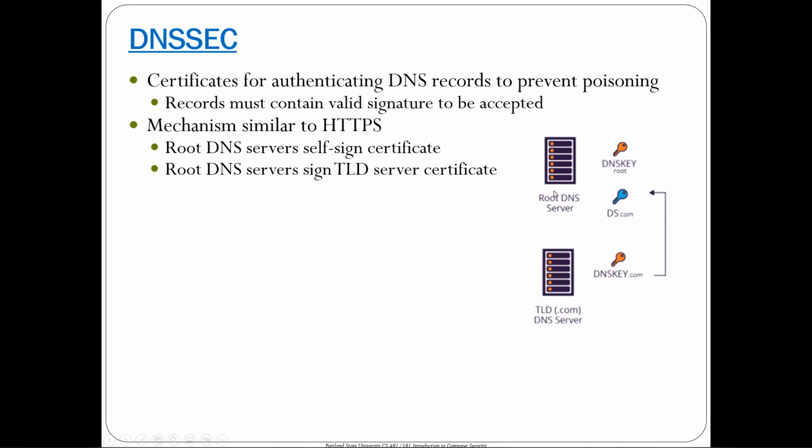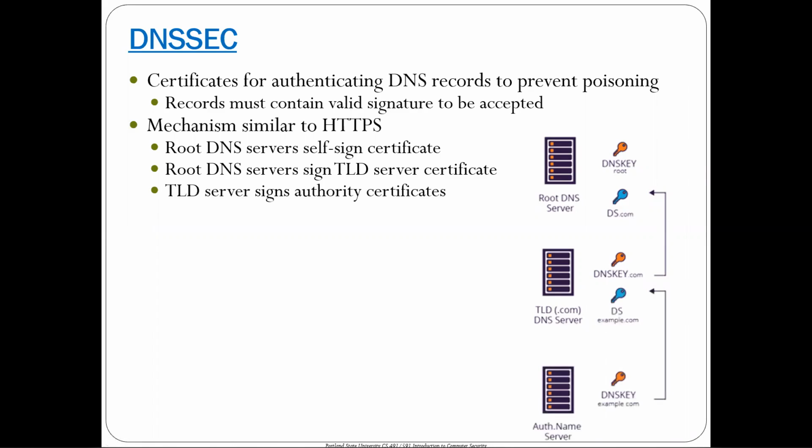And so this is where the trust gets established, because this relationship has to be done probably as an out-of-band thing at this level. And then the root server is going to use their signing key to sign the key for the TLD.